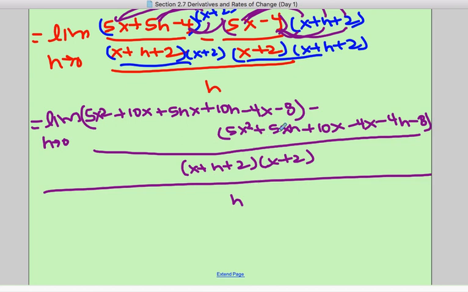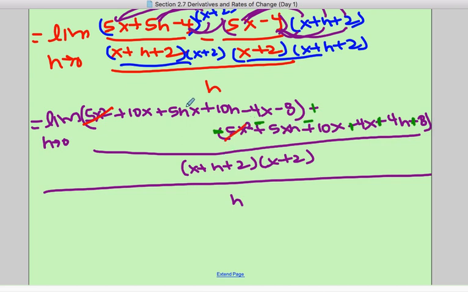All right, now, as usual, I'm going to distribute my negative to the numerator, to this piece. So if I distribute this negative, I'm going to write a plus sign here. It'll make this negative, this negative, this negative. Now this will be positive, positive, positive. Okay, let's take a look. Do things cancel? My 5x squareds would cancel.